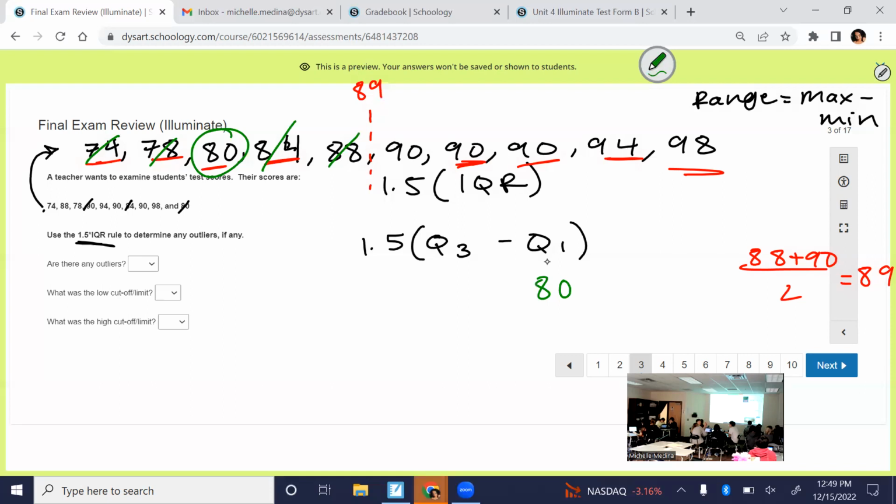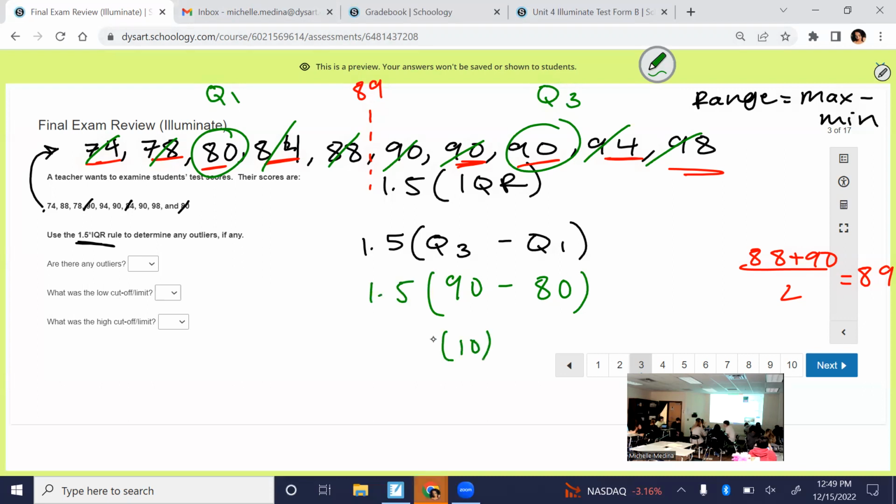What's going to be my Q3? 90. So left, right of now my upper half, my Q3 is 90. All right, and that helps us find our IQR. So then what's our IQR? 10. And then we times that by 1.5. What's 1.5 times 10?